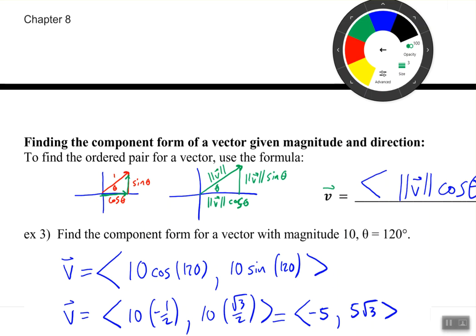Right? This is i, and this is j. So the vectors that make up the radius of a unit circle, the x component and the y component, that's i and j, and they're called unit vectors.